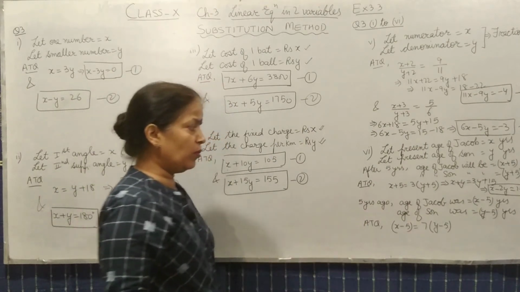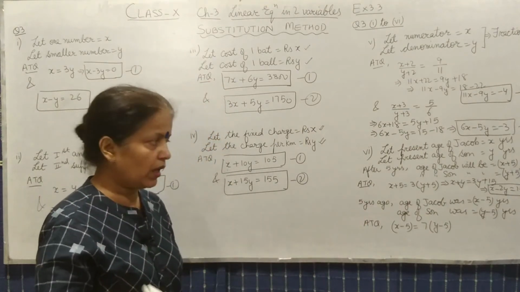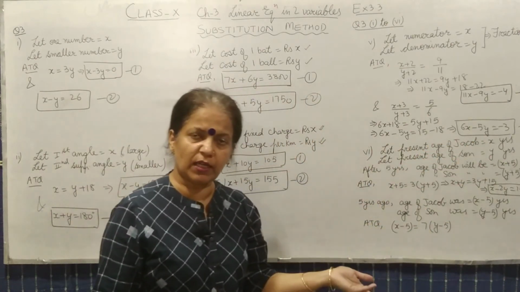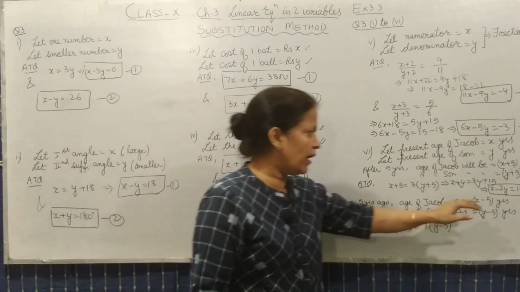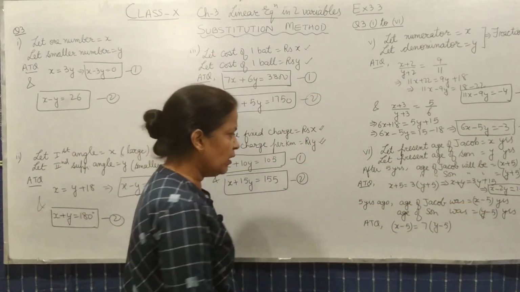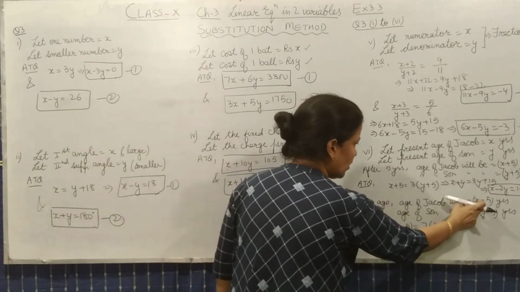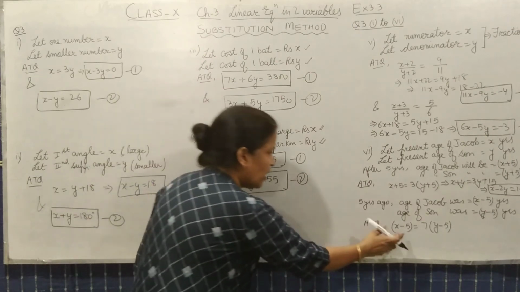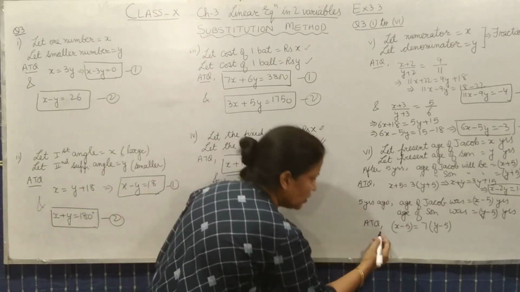Five years ago, he is talking about 5 years back. If the present age is x, what was his age 5 years ago? x minus 5, and the son's age was y minus 5. Now the equation is: 5 years ago, Jacob was 7 times the son's age. So Jacob is 7 times the son.